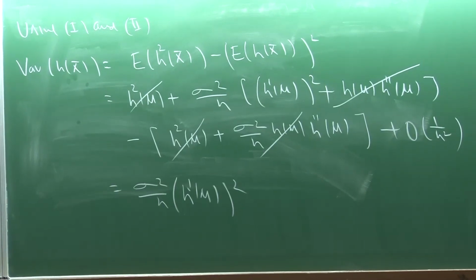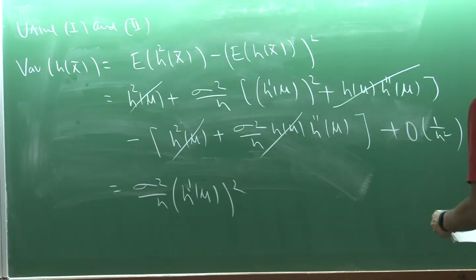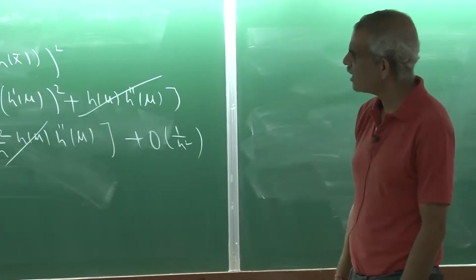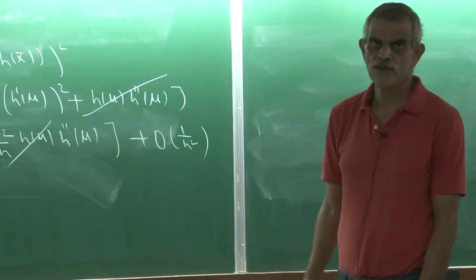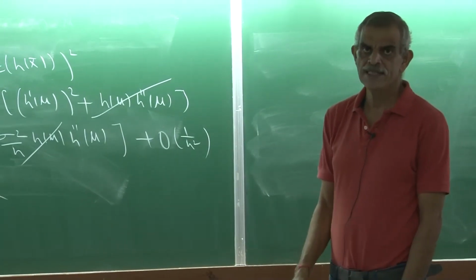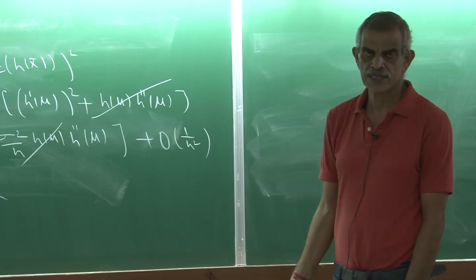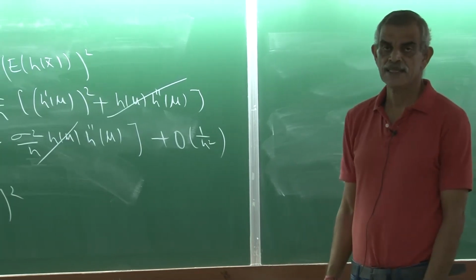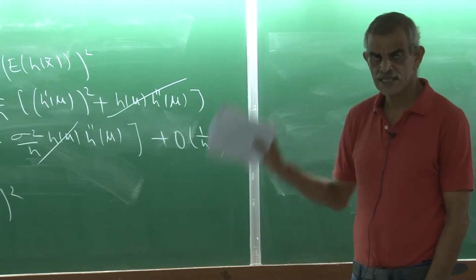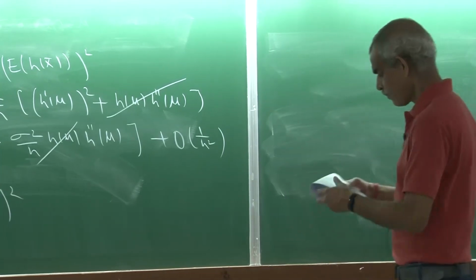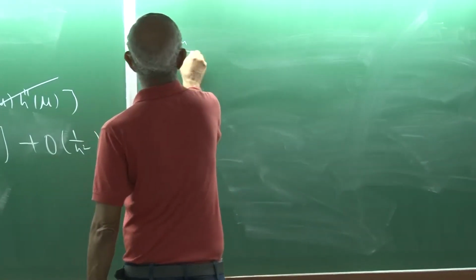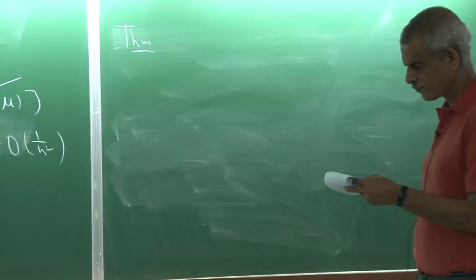As I told you, you can write down a remark that for the expression of expected value of h of x bar, I only need that the kth derivative of h is bounded, whereas for the expression of variance of h of x bar, I need that the kth derivative of h as well as h square are bounded. Okay, so now let us do the next result, which is as follows.